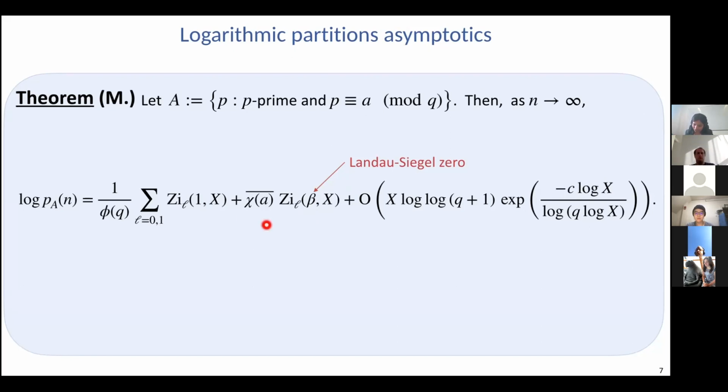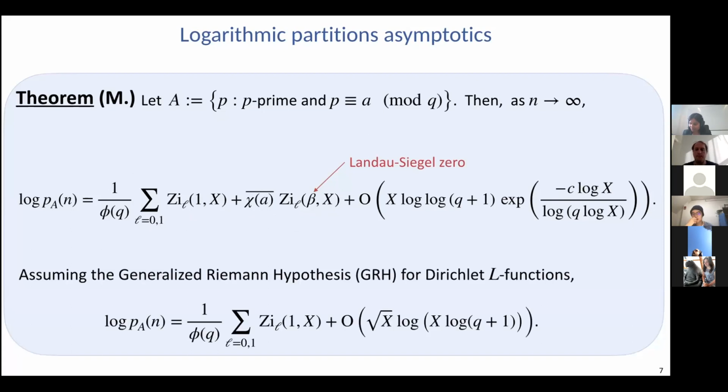So if I don't write this term, for example, then you don't see any appearance of Dirichlet functions, right? You just see this x over here, this z integral, and this error term. Okay, so now, because I have already told you that the Dirichlet functions appear, the error term should be smaller if you assume the generalized Riemann hypothesis.